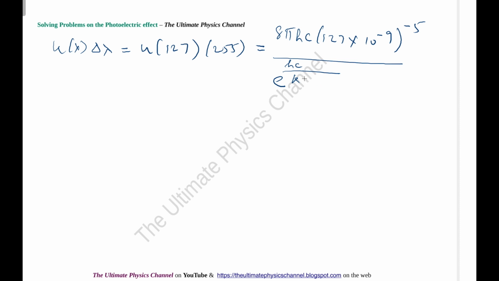So hc over lambda kT minus 1, right? This is of course times del lambda also. This del lambda is there still.